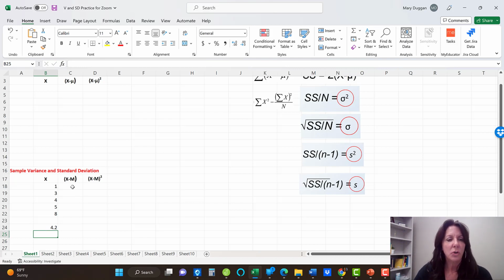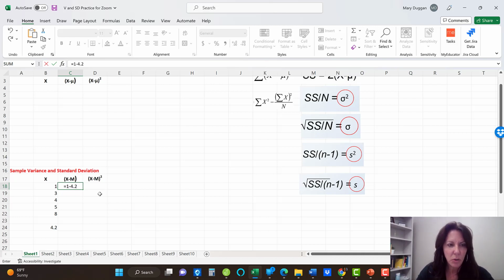So what I'm going to do in the deviation column is I'm going to take each score 1 minus 4.2. And now I have a deviation score there. 3 minus 4.2. 4 minus 4.2. 5 minus 4.2.